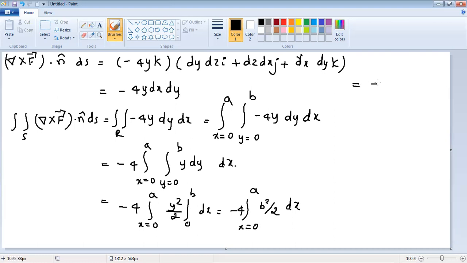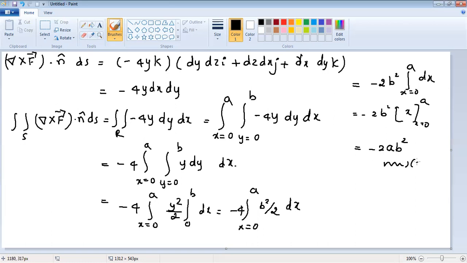This is equal to minus 2b square times x from 0 to a. So it is minus 2ab square. This is equation 2.